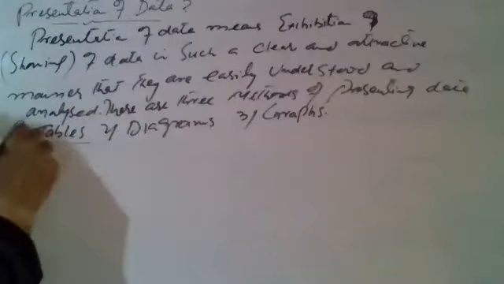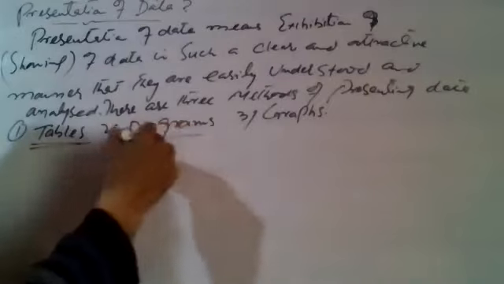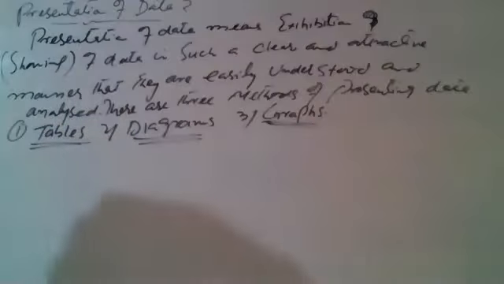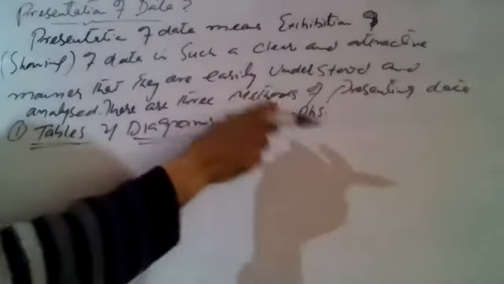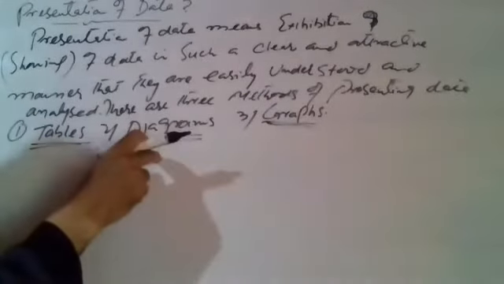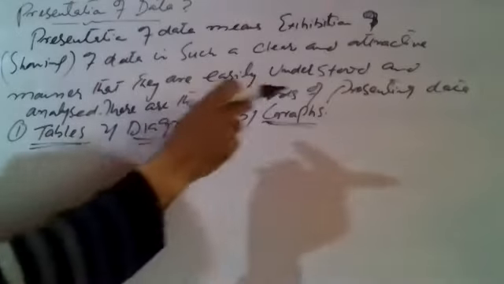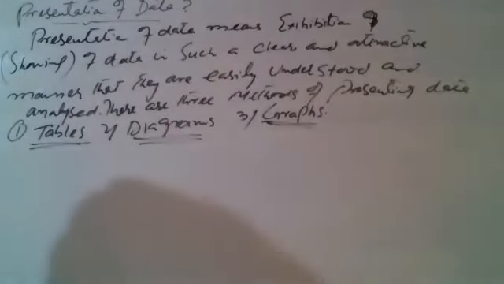So this is called tabulation of data, this is called the diagrammatic form of data, and this is called graphical representation. These are the three methods of presenting data. Presentation of data means exhibition or showing of data in such a clear and attractive manner that they are easily understood and analyzed.